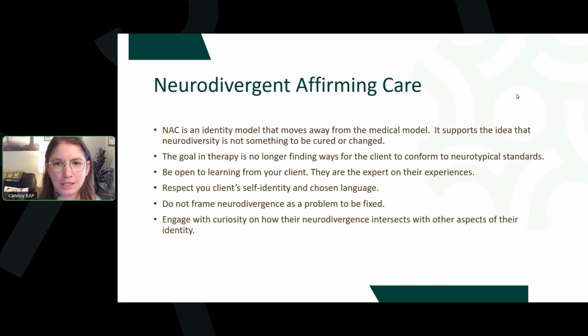So pathologizing those behaviors, trying to have that treatment plan be around changing those behaviors to conform, essentially. So neurodivergent affirming care is not that. So moving to that identity model.